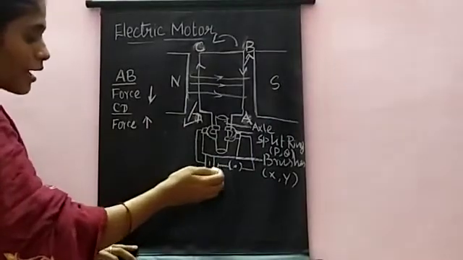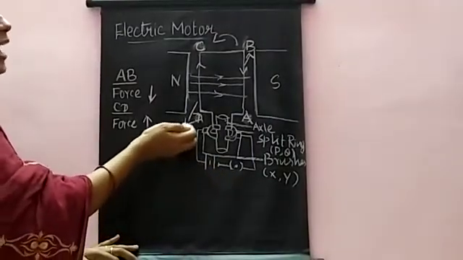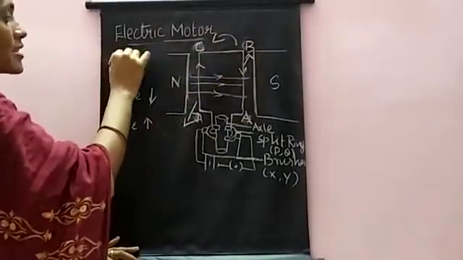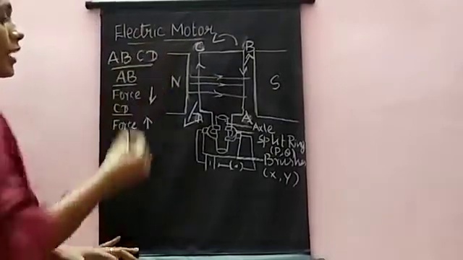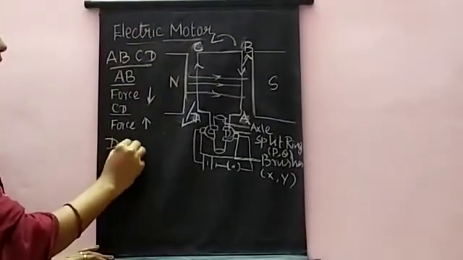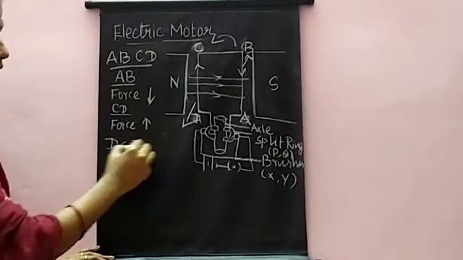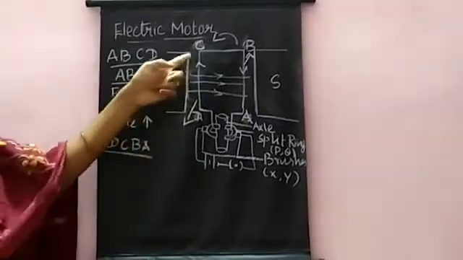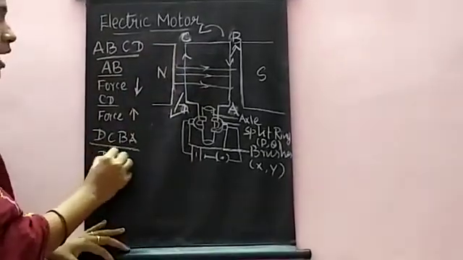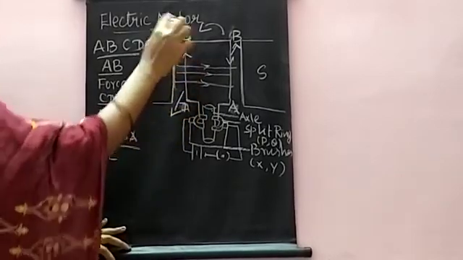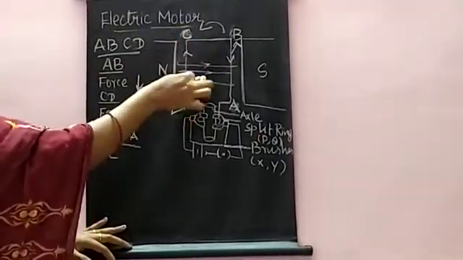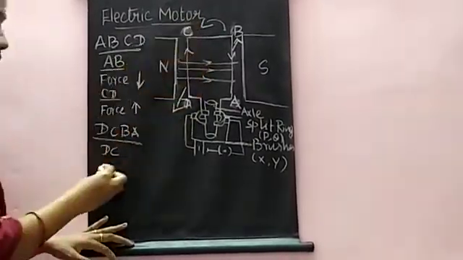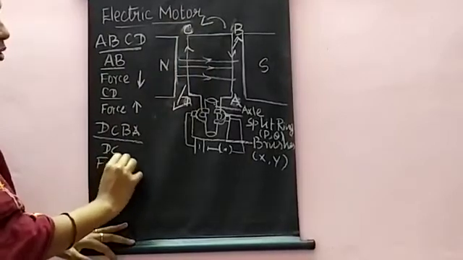Now the current again passes from the positive terminal and flows through DCBA. Applying Fleming's left hand rule, the current flows through the arm DC, and the magnetic force on DC moves it downwards.